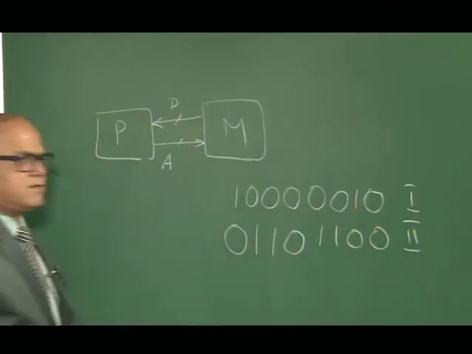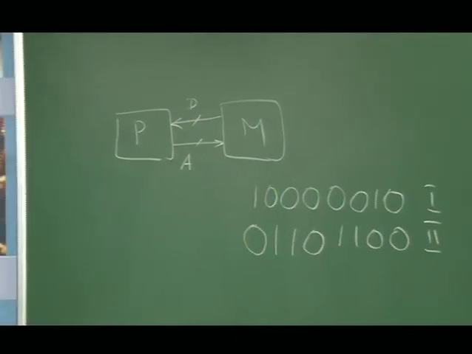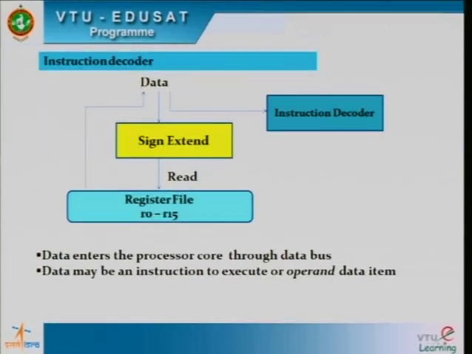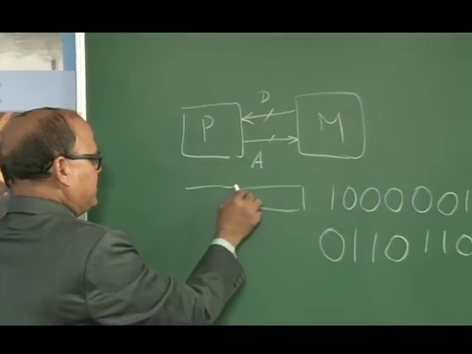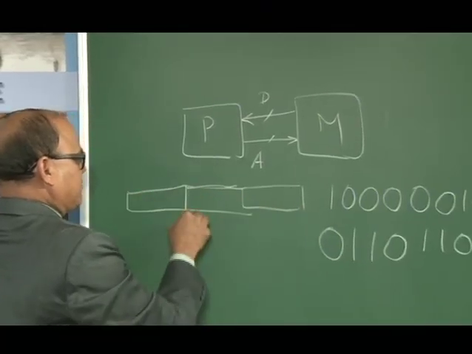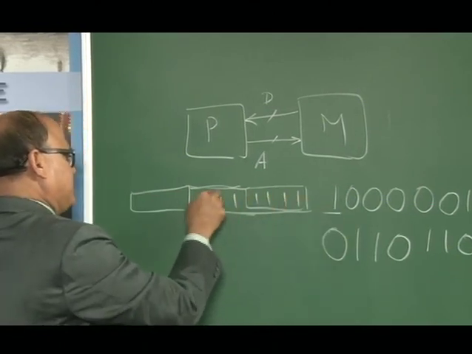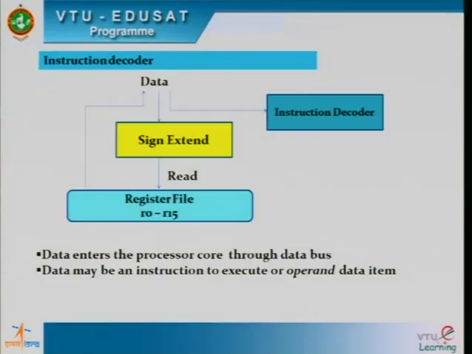So if this is the byte that is received from the data bus, then the sign extension unit will appropriately put in the remaining 3 byte positions. It will copy the last bit, and that bit will be copied in the subsequent bytes also. This is what the sign extension circuit does.